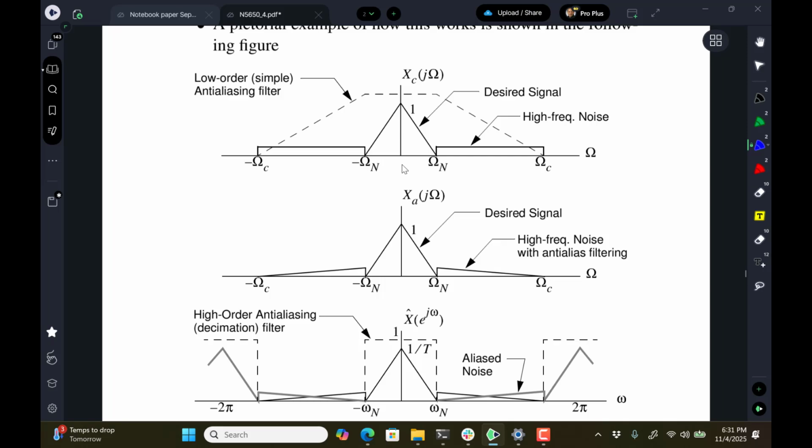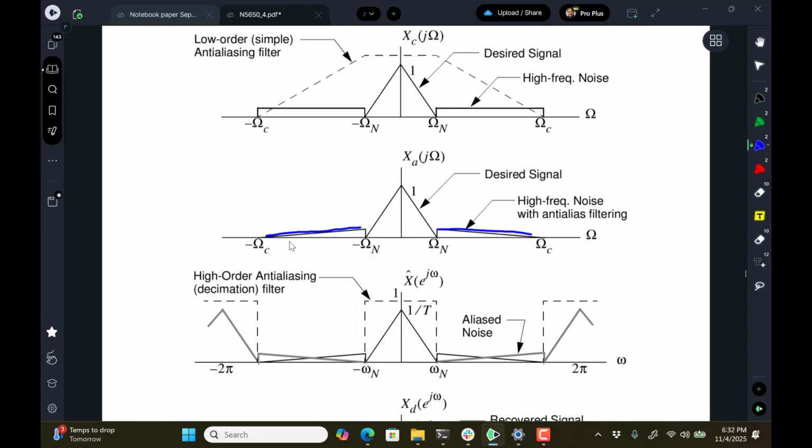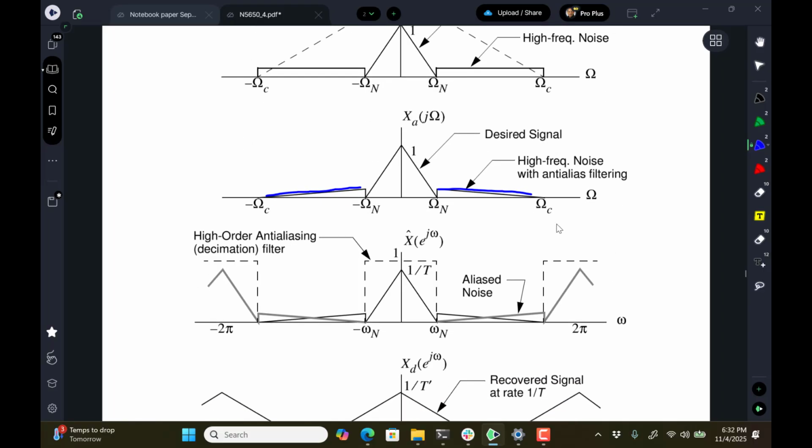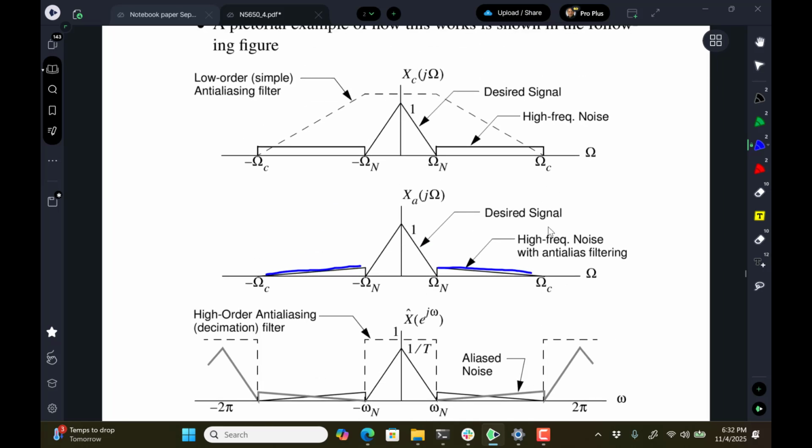But if we had to do this without oversampling, we would have to chop it right off at omega sub n. But if we can do a lower order simple anti-aliasing filter, then it will provide a little bit of roll-off of our undesired noise out in here. And then what we can do is once we get it into this higher sampling rate, we can come along and build a digital filter that does a great job of cleaning it up.